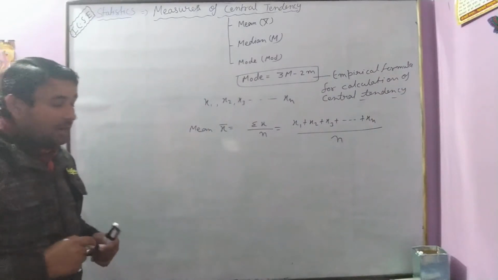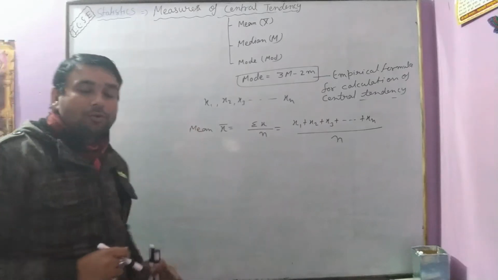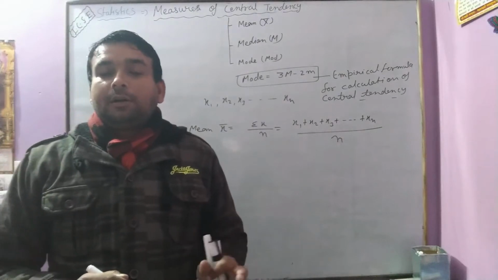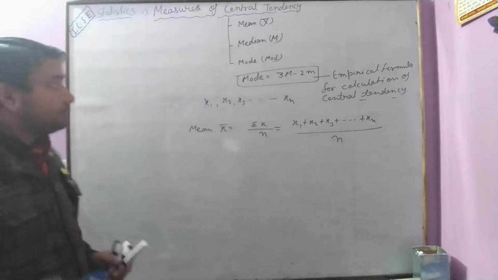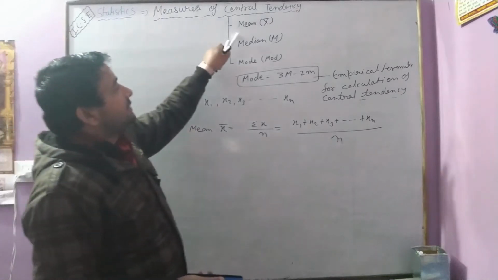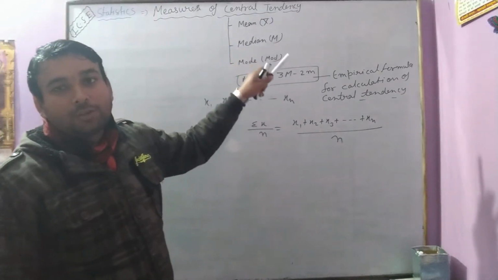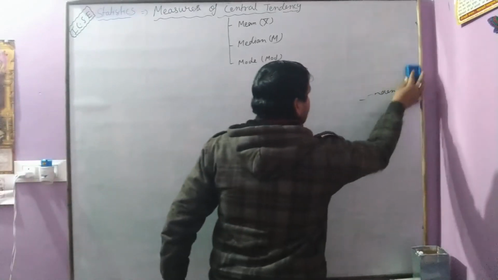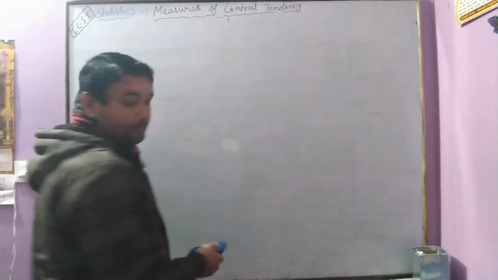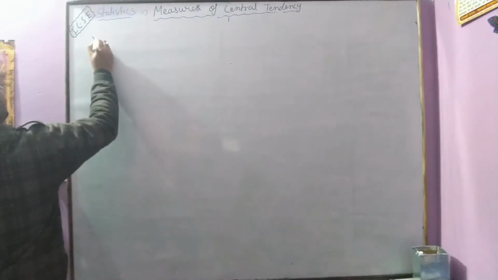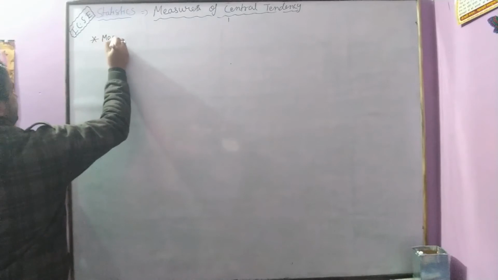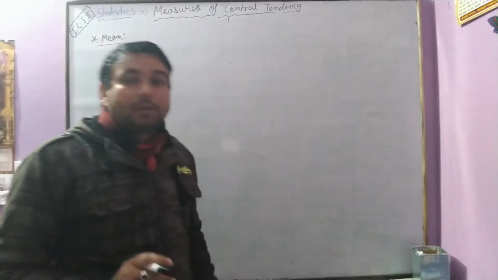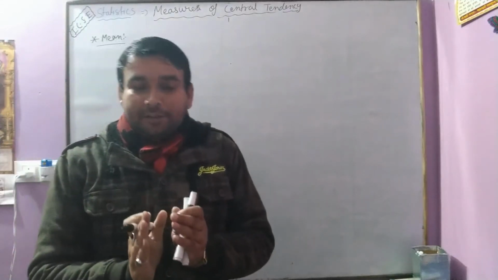Now we will start the calculation of mean, median and mode by using the shortcut methods. First we are discussing how to calculate the mean by using the shortcut method. We have three types of data distribution.